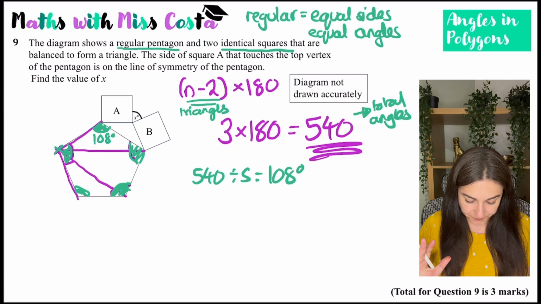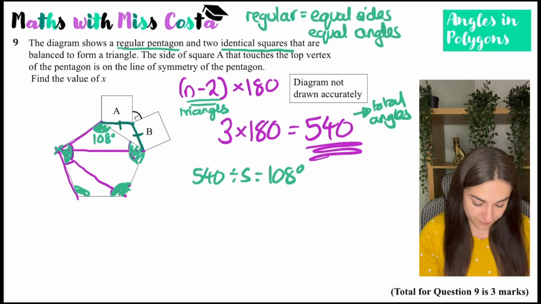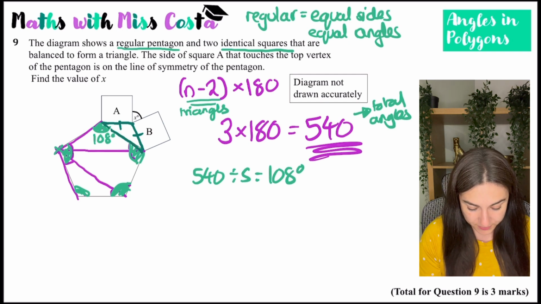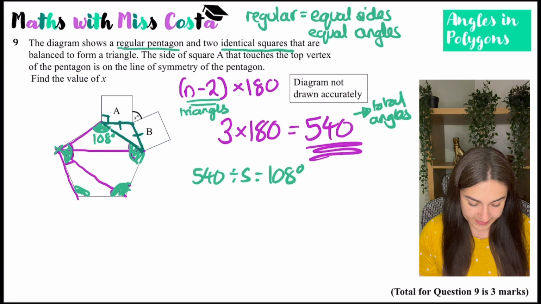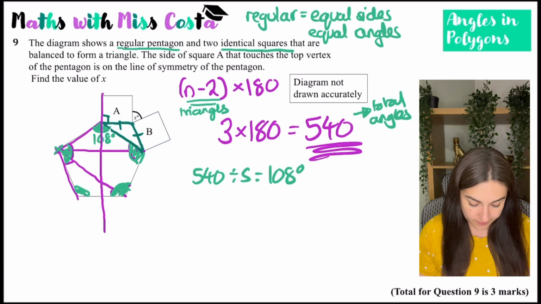Now, what can I do? Okay, so I've been told that these are identical squares, which means this side and this side must be equal. So therefore I have formed an isosceles triangle over here. So that will probably be important. I know that this angle here is 90 degrees. And I also know that this is a line of symmetry here.